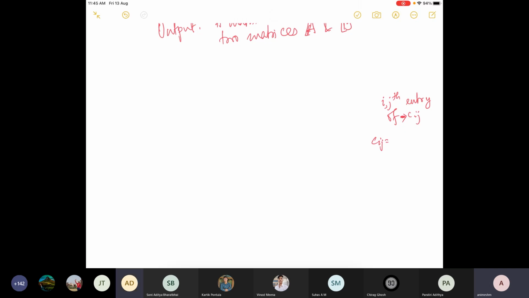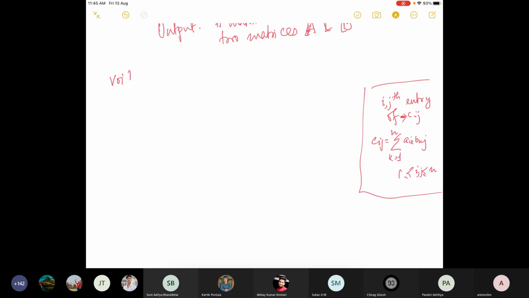This should be Aik into Bkj. Aik into Bkj, right? For k equals 1 to n, and similarly there is also the same constraint on i and j, right? School days. Okay, so now given this, we can very easily write the algorithm.